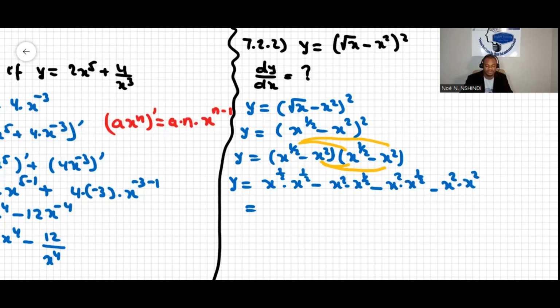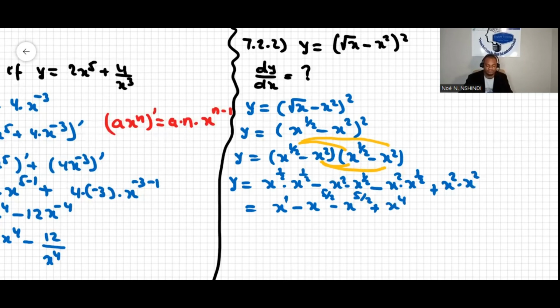When we have the same base, we add the exponents. A half plus a half makes 1. We just write one base and add the exponents, and that will be x to the power of 5 over 2 minus x to the power of 5 over 2, and then plus here, because negative times negative makes positive, and that makes x to the power of 4.